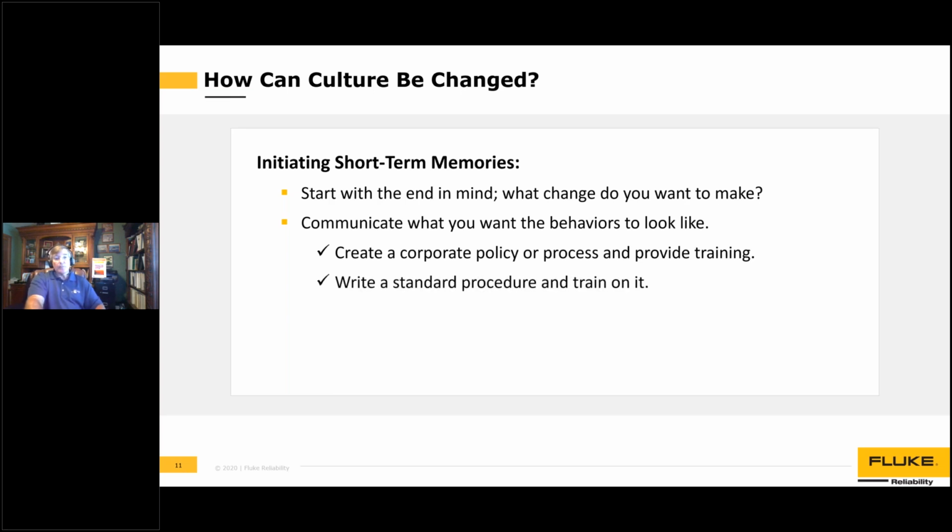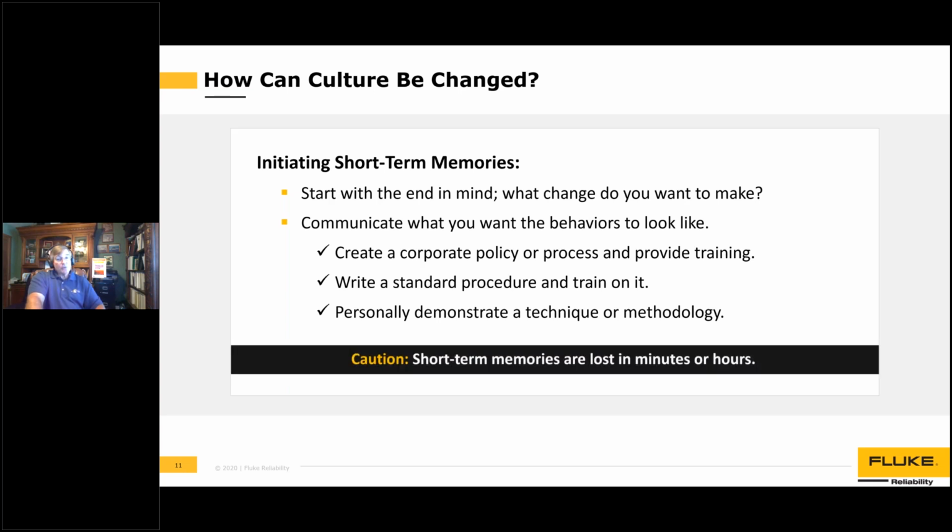We can also do it by writing a standard procedure, an SOP, and training on it. And then we can personally demonstrate a technique or a methodology that we want people to follow. All these are ways that we load information into short-term memory. But short-term memories can be lost in minutes or hours, right? So the whole idea is that if you don't use a short-term memory, that memory is going to be lost.